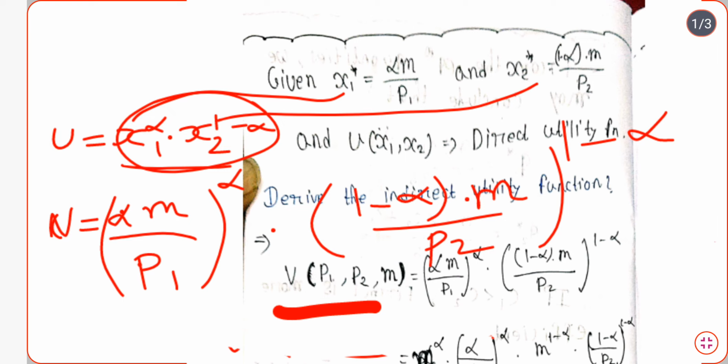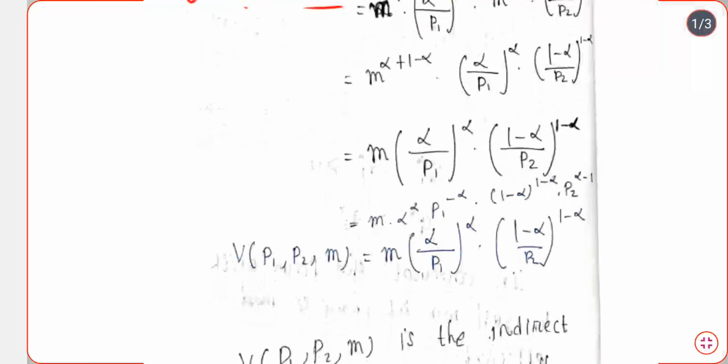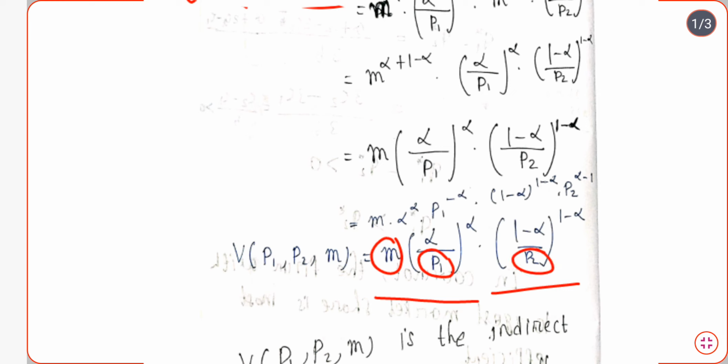Now if we calculate the values, then it becomes m into alpha by p1 to the power alpha into 1 minus alpha by p2 to the power 1 minus alpha. This is basically a function of income, p1, the price of the first commodity, and p2, the price of the second commodity. So this is the indirect utility function, and it has been obtained from the direct utility function.